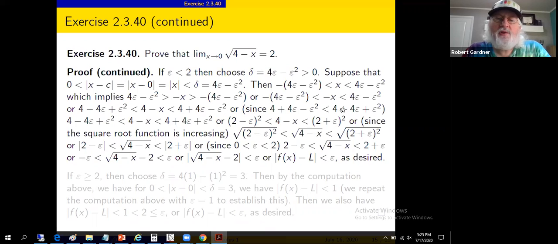Let's replace it with this larger thing. It's larger because, hey, here we got 4 plus 4 epsilon minus something. Here we got 4 plus 4 epsilon plus something. That one's bigger. So let's take this bound. I know this to be less than 4 plus 4 epsilon plus epsilon squared.